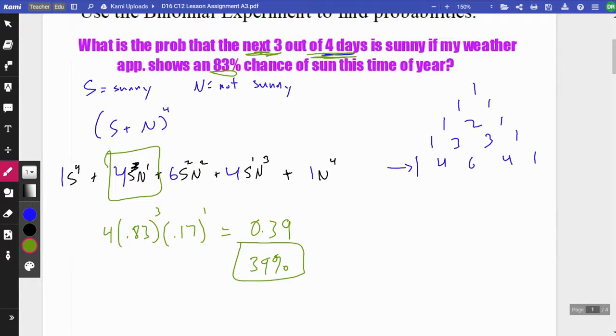And there is also to take into consideration, there's 4 different ways for that to happen. It could be sunny, sunny, sunny, and then not sunny, or it could be not sunny, and then sunny, sunny, sunny. So it's an interesting way that this works out, and it's kind of neat, in my opinion.